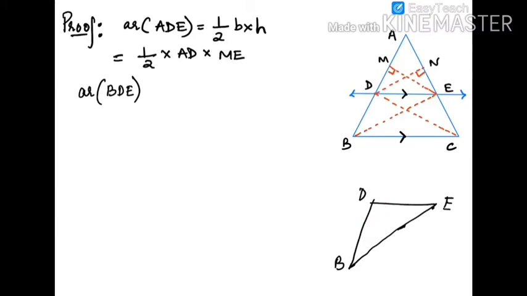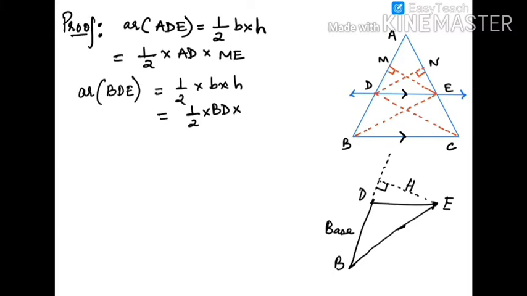So if I take DB as the base, then the height from point E will lie outside the triangle on the extended side of BD. So area of triangle BDE will be equal to half base into height. Base is BD and the height is EM.